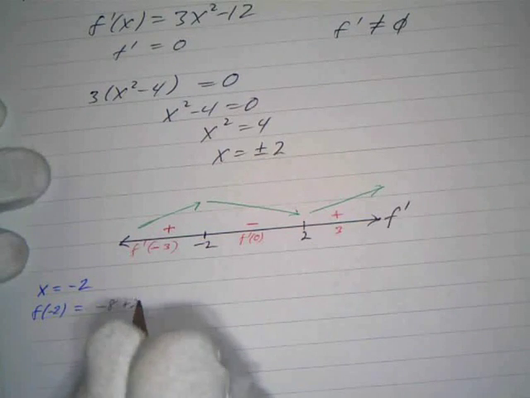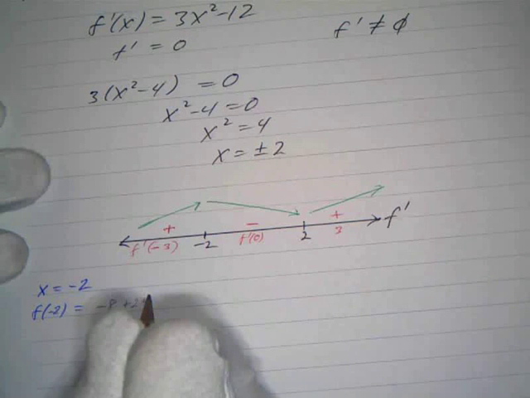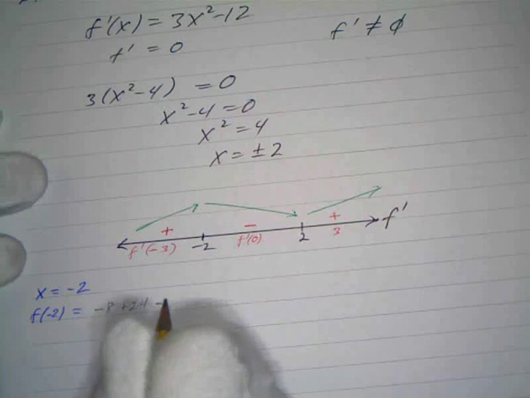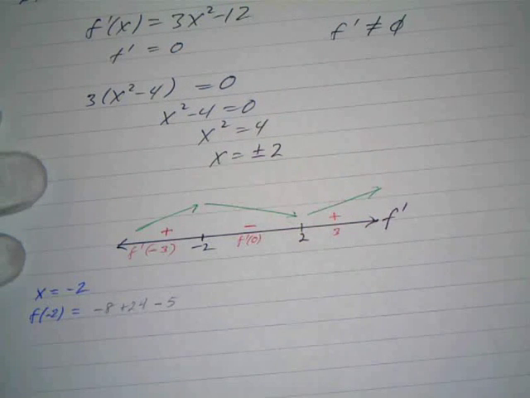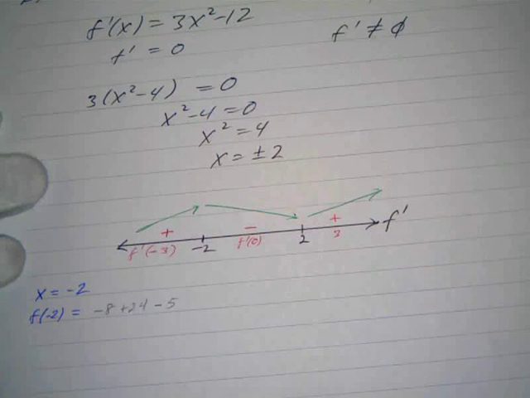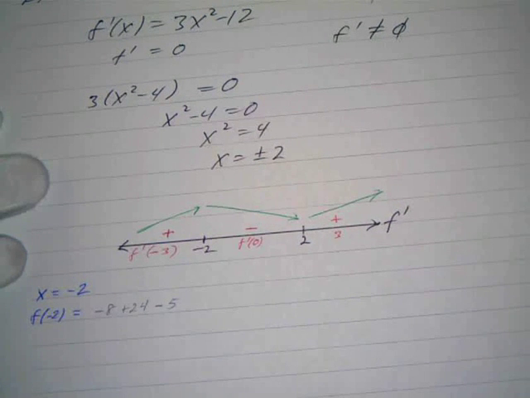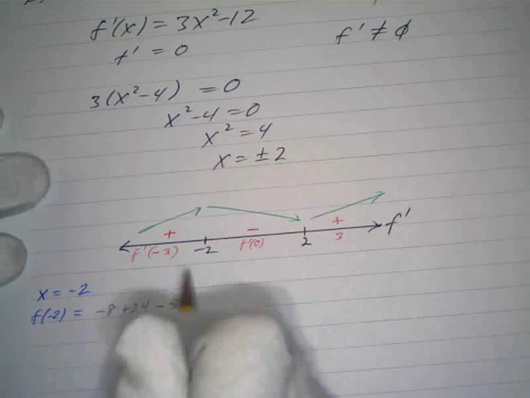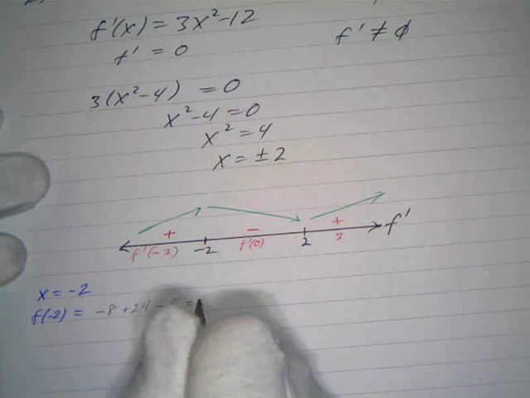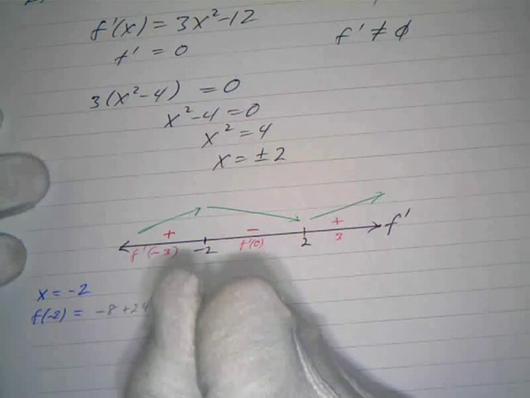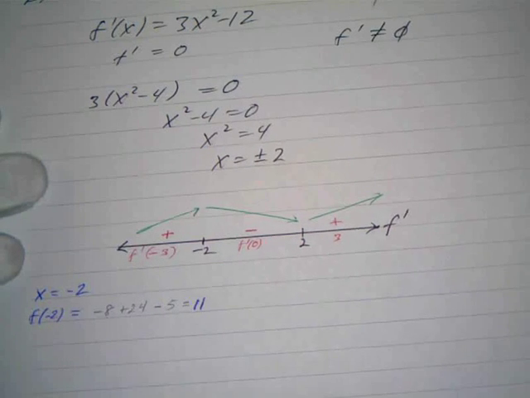Negative 2 times 12 is 24, and then negative 5. And that looks like that's going to be negative 13 plus 24. That looks like that's going to be 11. Okay? So I can say that that's 11 over here.